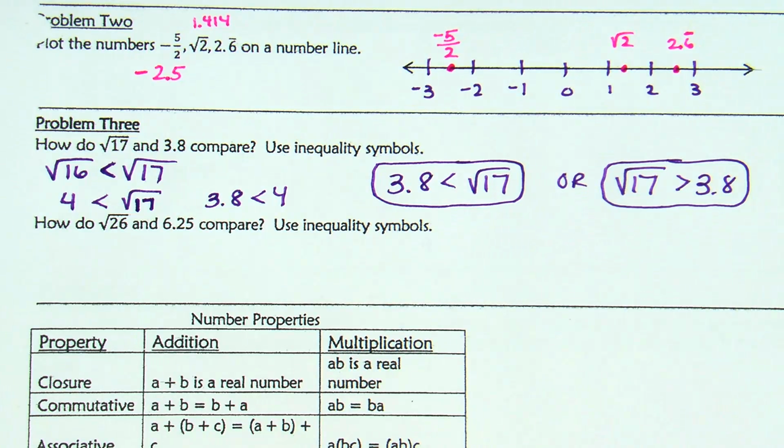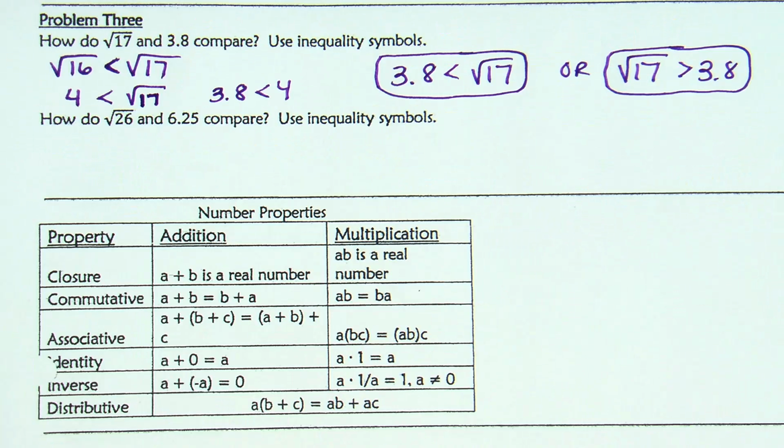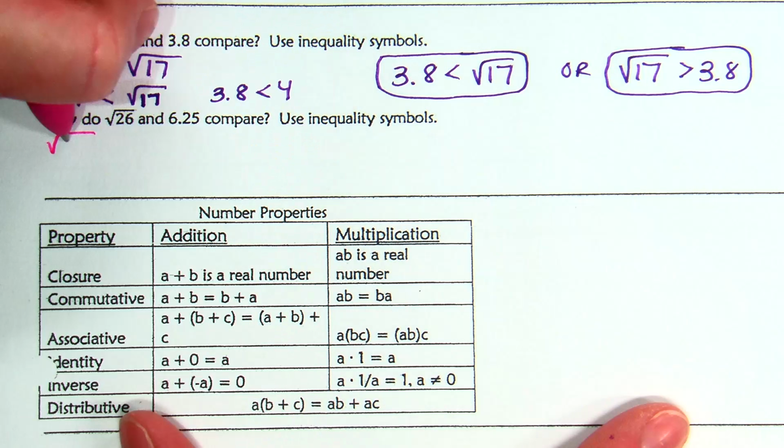Okay? Can you use the same idea for this next one? What do you know about the square root of 26 and 6.25? Square root of 26, what comes to mind? Square root of 26 is close to what? Square root of 25? So if we use that, and that's the common one, right?